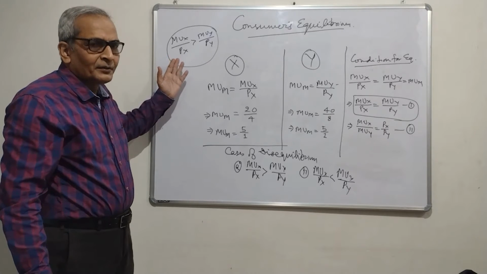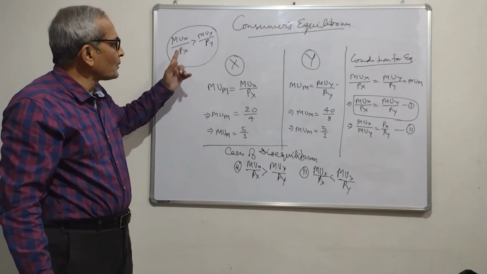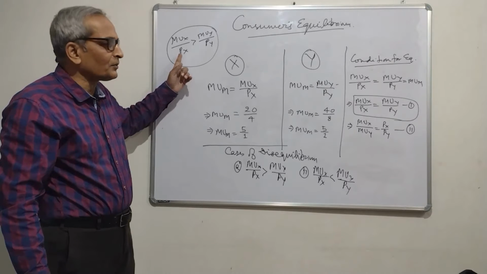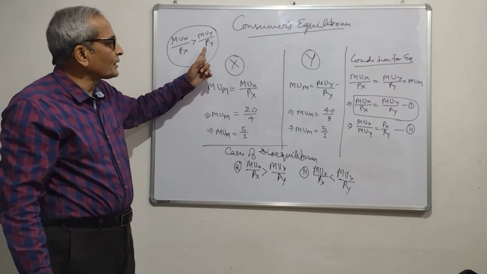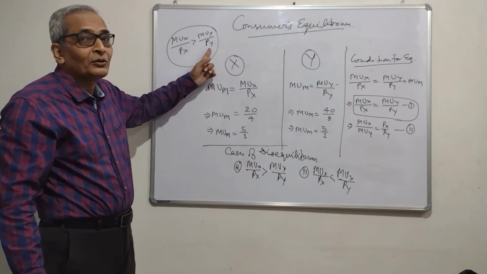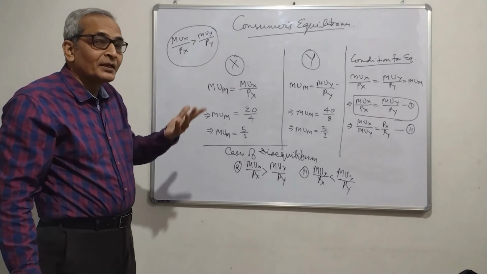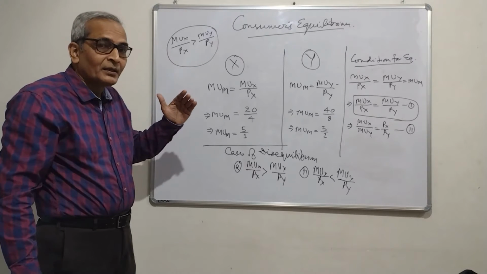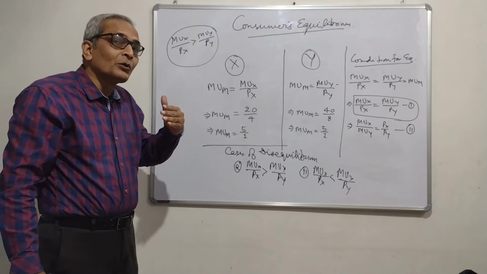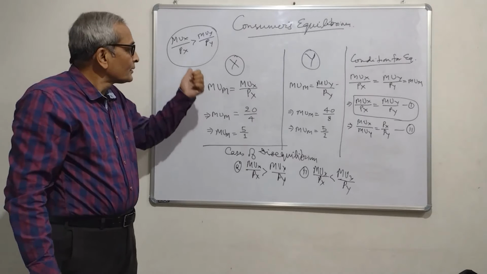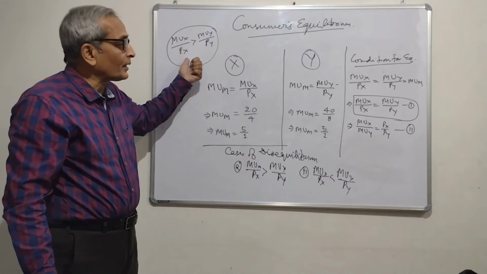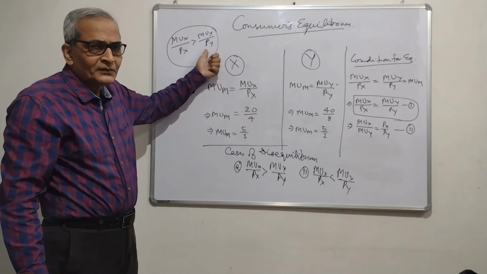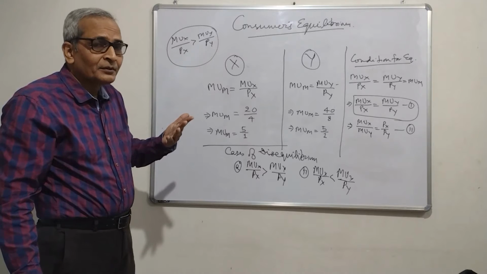As you can see, in this case, the marginal utility of money of X is greater than the marginal utility of money of Y, meaning that we are spending rupee 1 on X and Y, but we are deriving more marginal utility through X than Y. So, how will the consumer react?